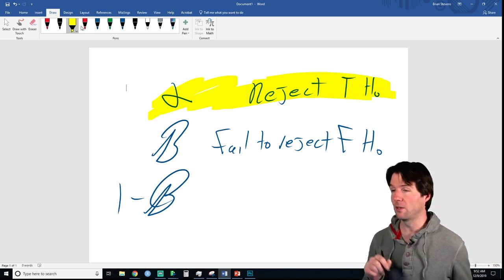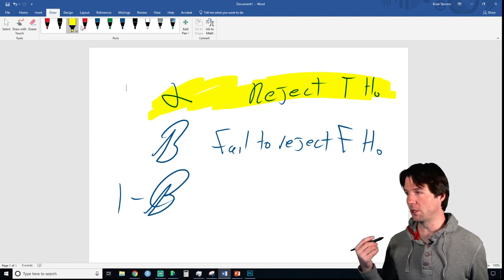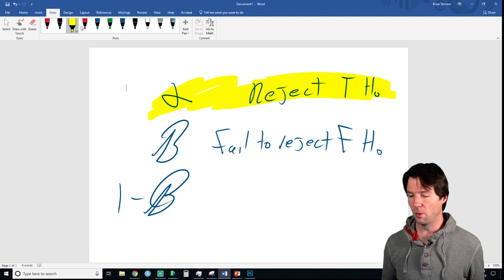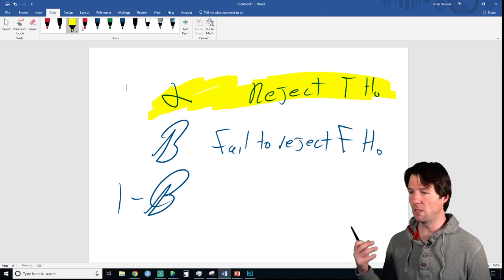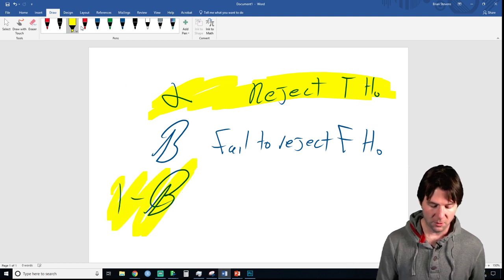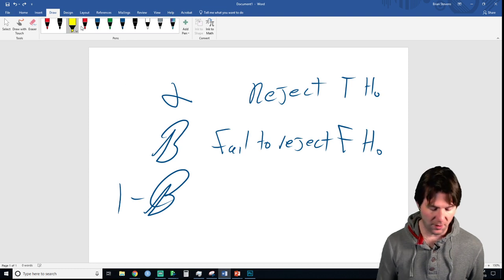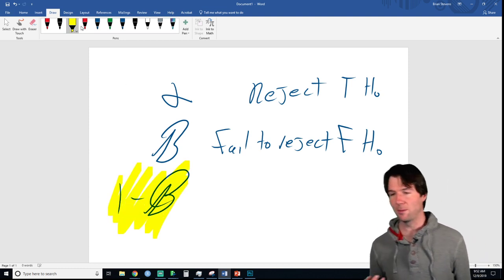That equation I have down there is literally power. And power is the ability to reject the false null. So when we're able to reject the false null, that is a powerful test. Power is a good thing. Just so you can see right there, we've got alpha and beta. Those are bad. They're not necessarily bad, but you don't want to make a type 1, you don't want to make a type 2.